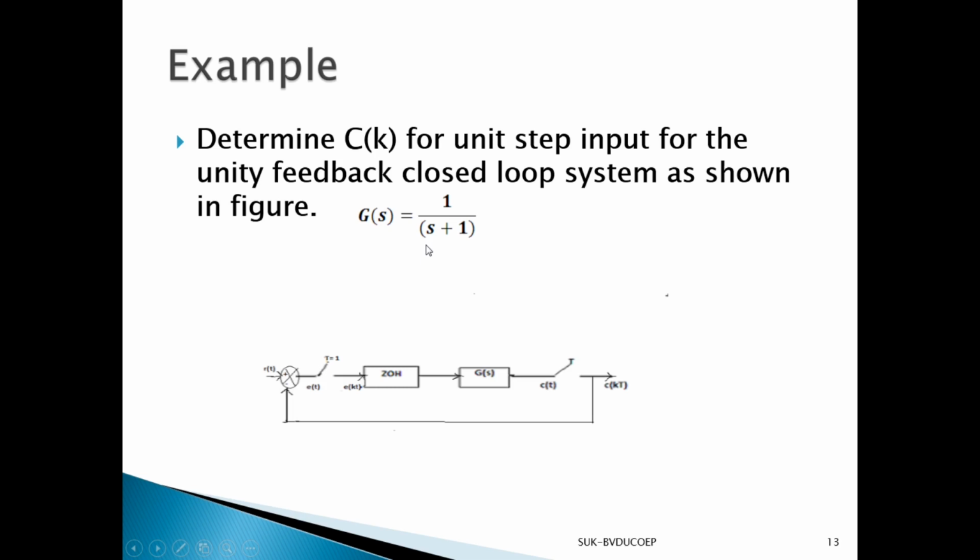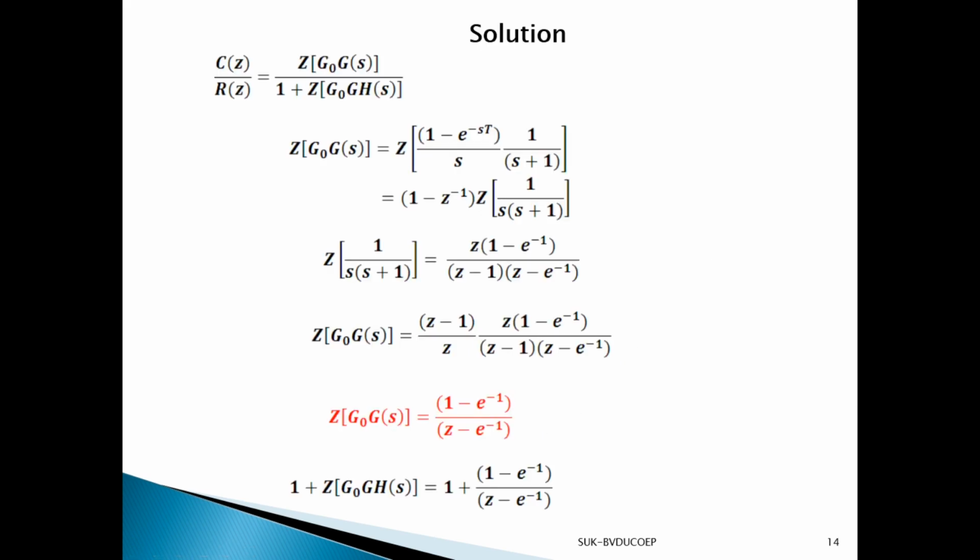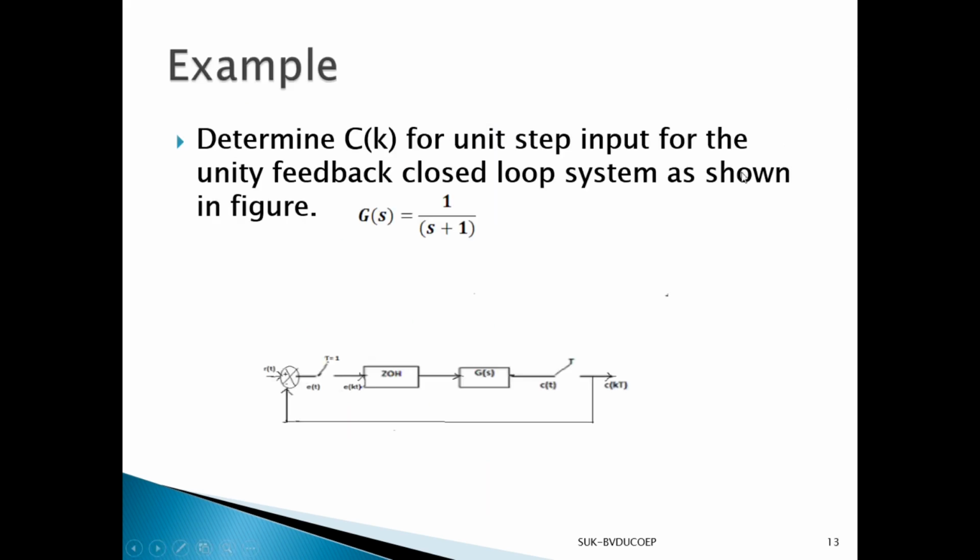So there are steps in solving this. So what are the steps? We put this ZOH transfer function. Then we find out the closed loop transfer function and then we can calculate. So we will do it here. Here this is G0.